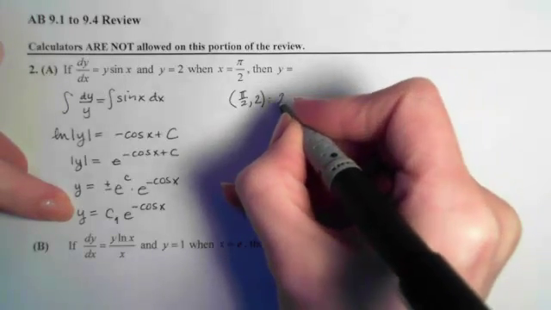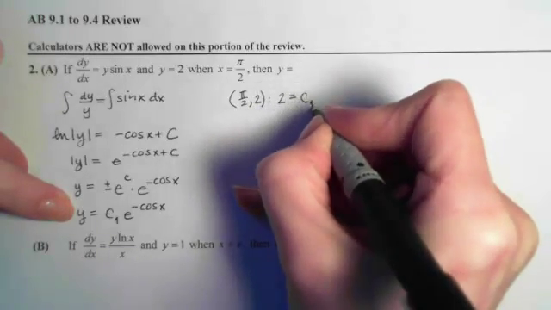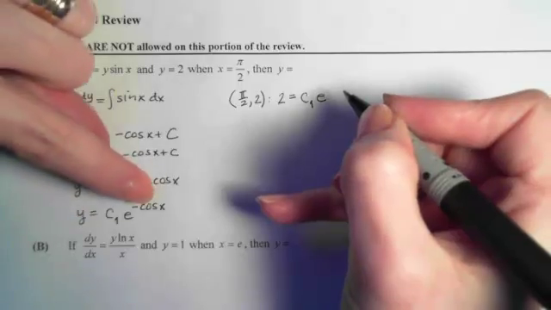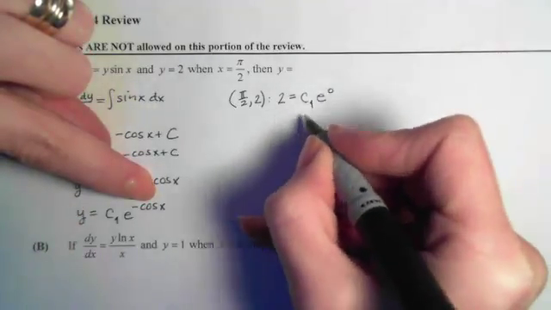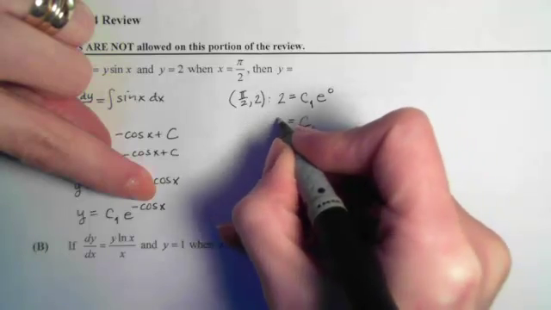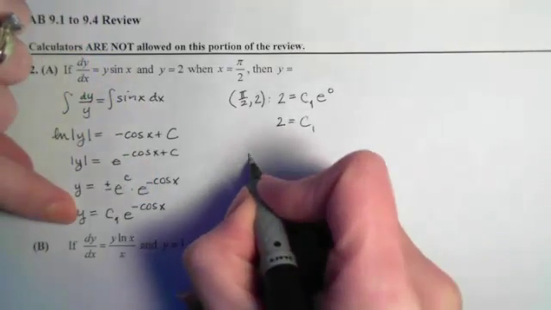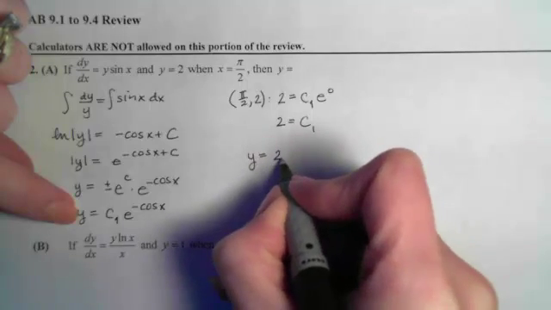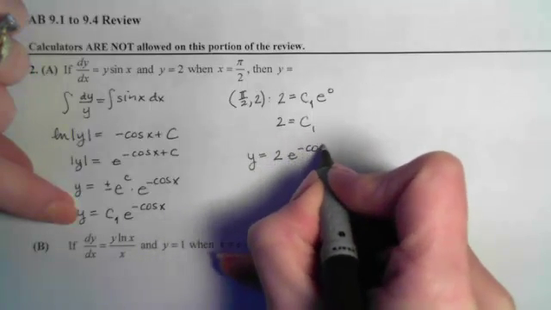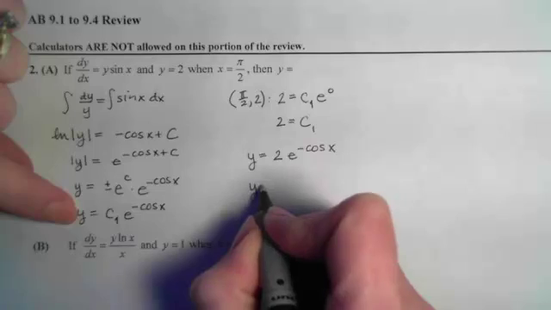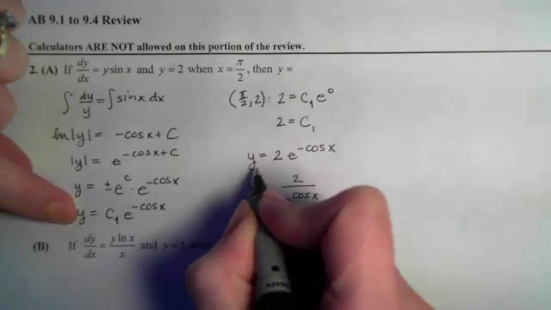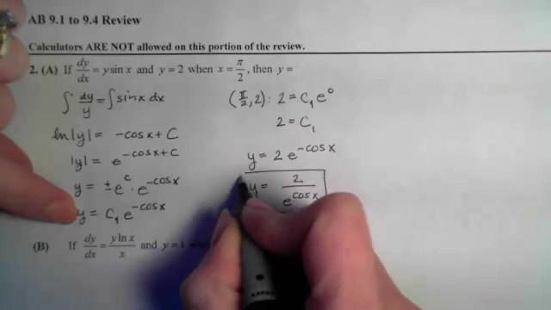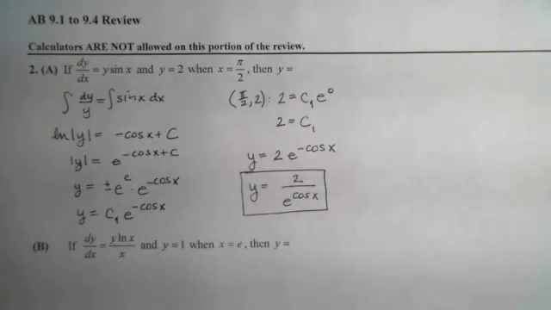That tells me that a 2 comes out when I plug in a pi over 2. Well, cosine of pi over 2 is 0, so I get c sub 1 is just a 2. So now I have my y isolated. I plug in my c sub 1, and my answer is there, or I can rewrite it without a negative exponent, which I think is what I did on my answer key.